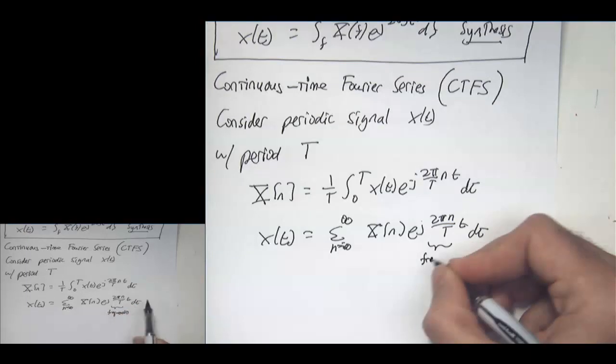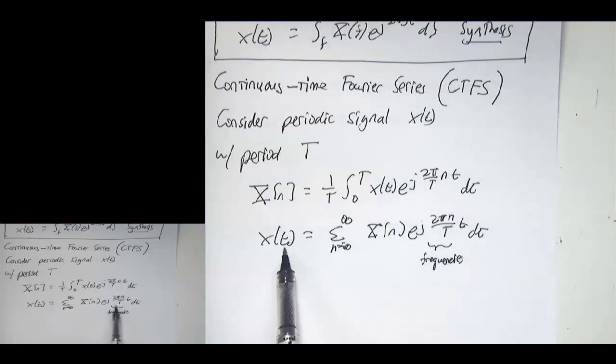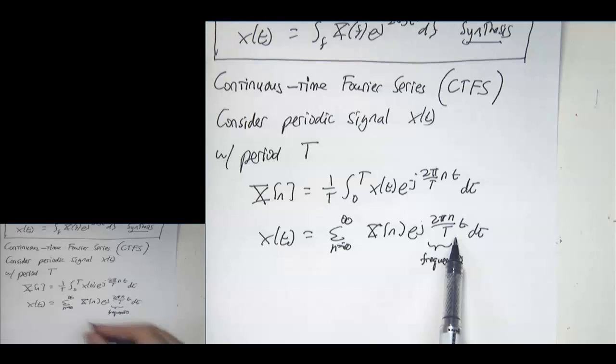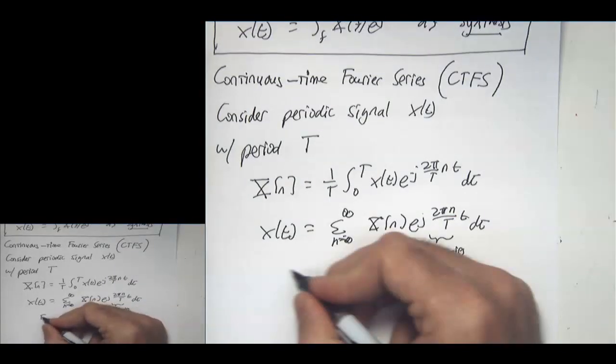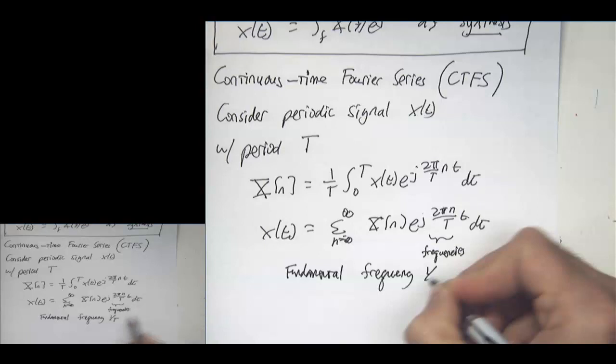Essentially, any periodic signal x of t can be written as a linear combination of complex sinusoids that all have frequency an integer multiple of 1 over T. So the fundamental frequency is 1 over T, and that's the property of periodic signals.